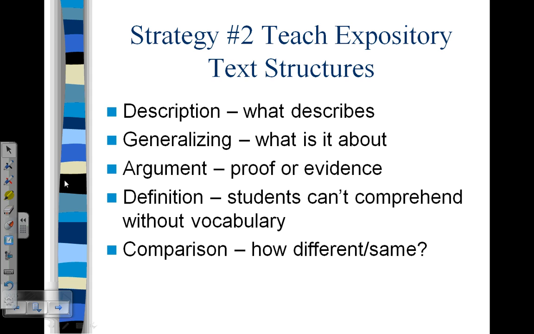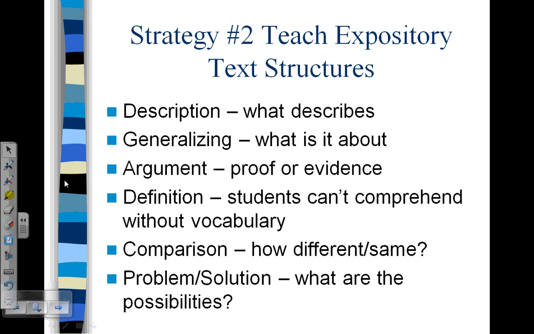Another part is comparing. This goes right along with Marzano's strategy 1, comparison. What in the text is different, and in what way are things the same? And finally, the problem and solution text structures. As students read, can they identify the things in the story that might pre-identify a problem or a solution or other possibilities?